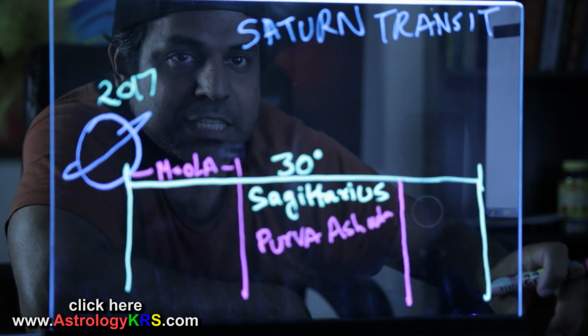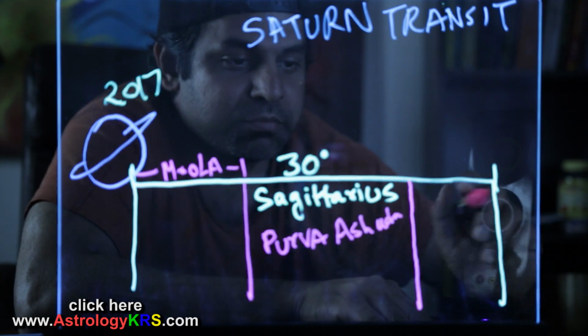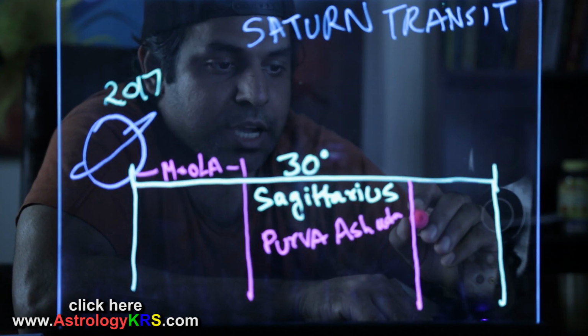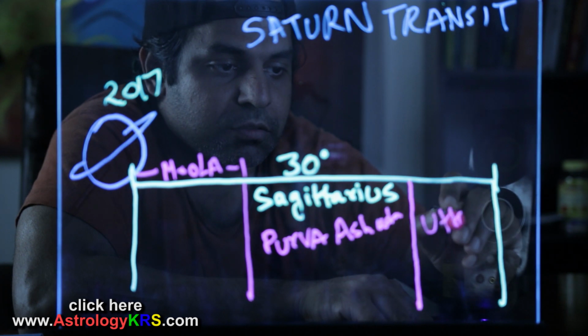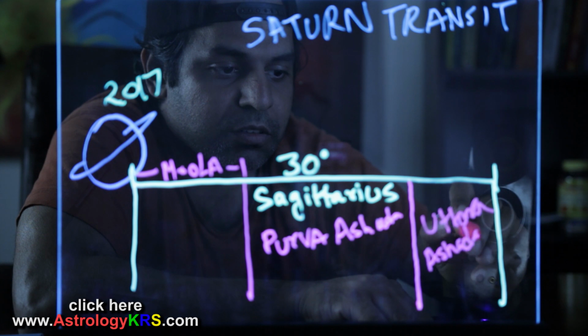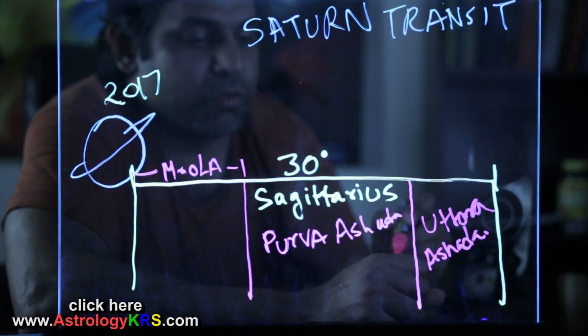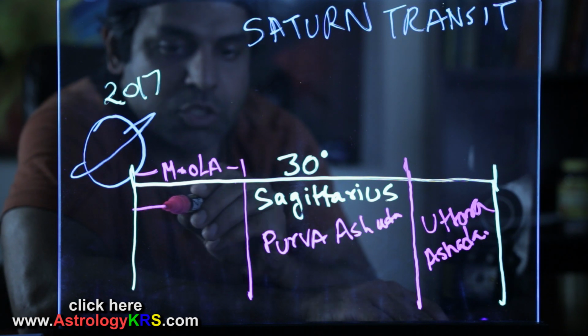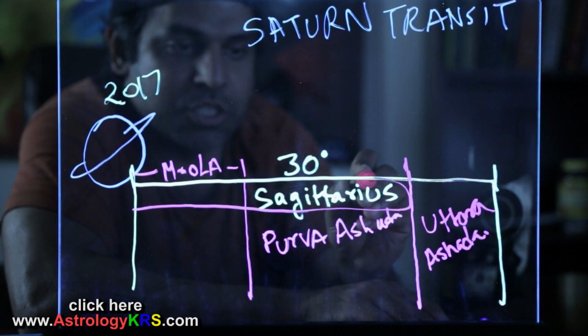And then the last part of the zodiac sign, which spills into the sign of Capricorn, is Uttara Ashada Nakshatra. So you have these 3 nakshatras within the zodiac sign of Sagittarius.